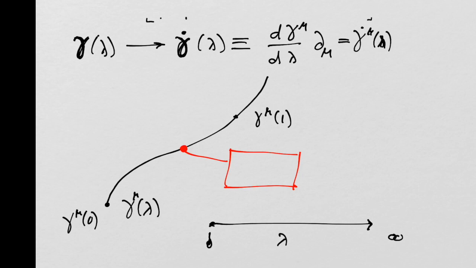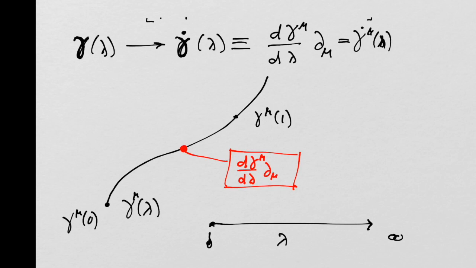And in that tangent space, I have the partial, well, not partial derivative, because there's only one variable here, right? λ is a single variable. So this is only a function of one variable. So there's no partial derivatives going on. These are just regular derivatives. dγ^μ/dλ ∂_μ. That's the tangent vector at that point.